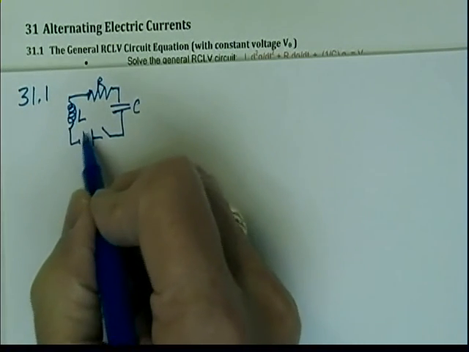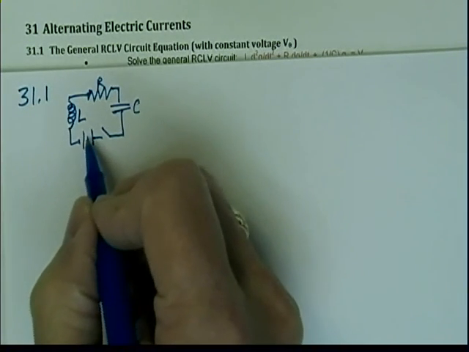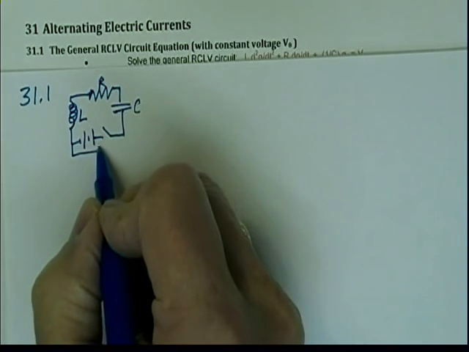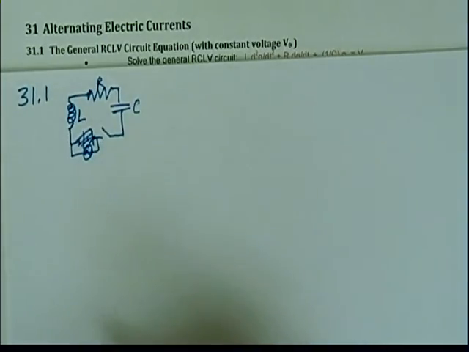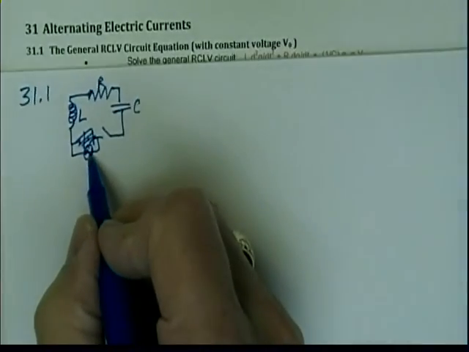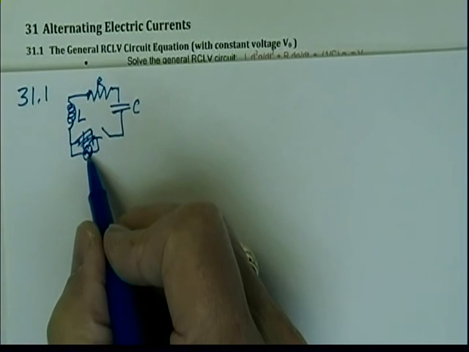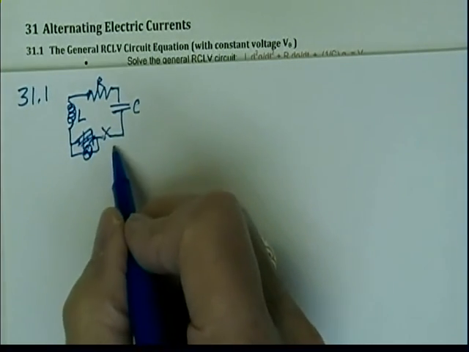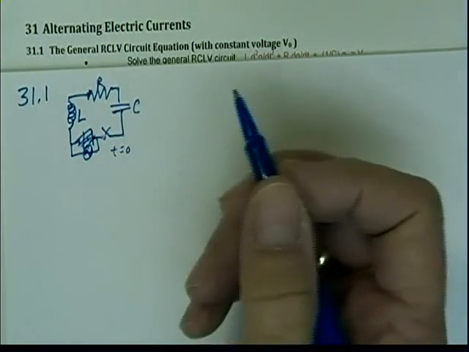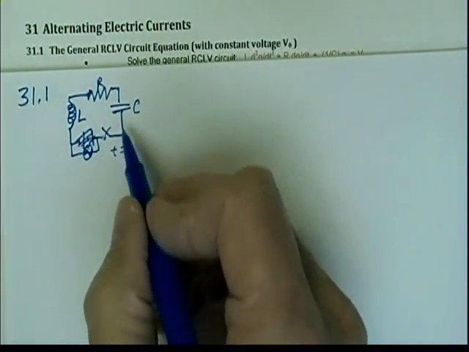But in this particular case, we're going to replace this constant voltage with what is called an alternating voltage, and get rid of the battery, which would be a constant voltage. This is the symbol for an alternating current being supplied to the system, and you can see we're going to throw this switch at time t equal to 0 and see what happens.